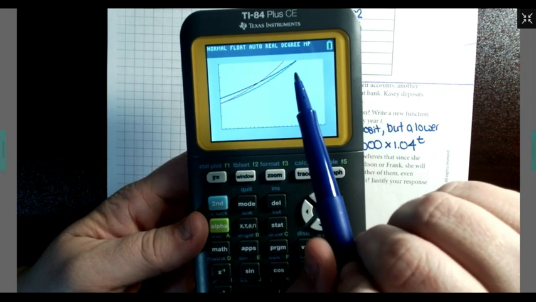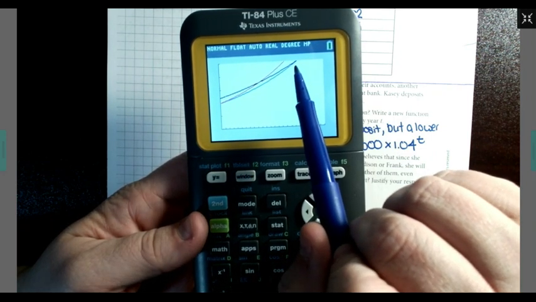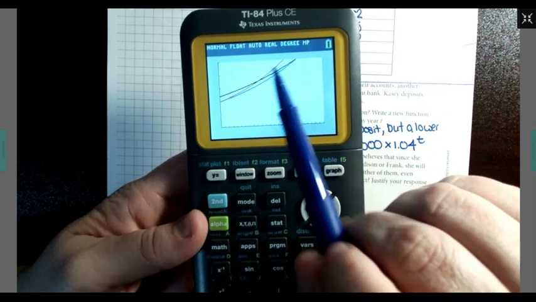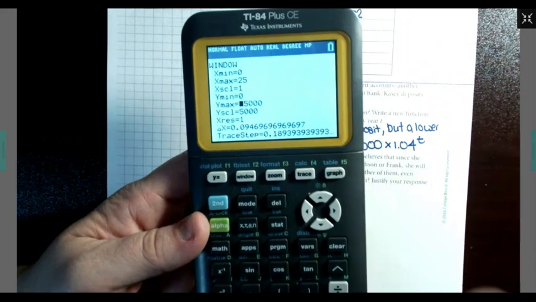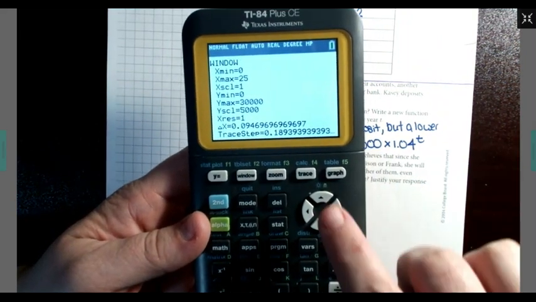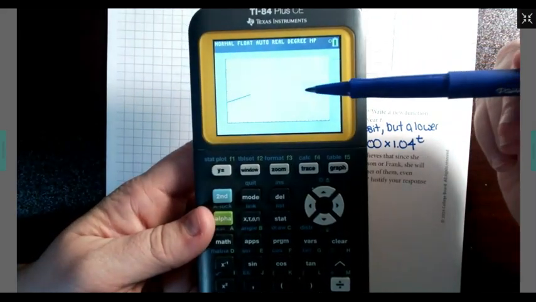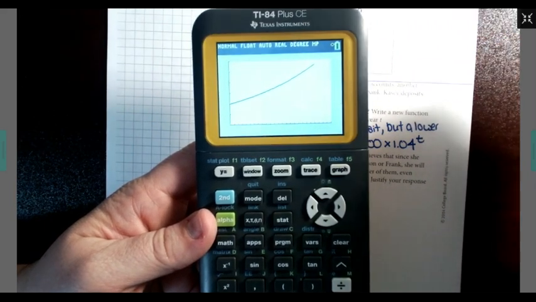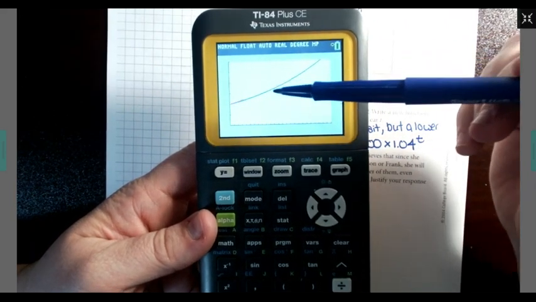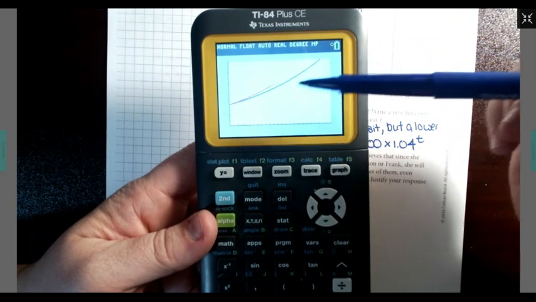And then right here towards the end, I might need to go up higher on my Y's. Let's see what happens if I do that. Let's go up to 30,000 here. Let's see if Madison ever crosses the line. So here, that was Madison.